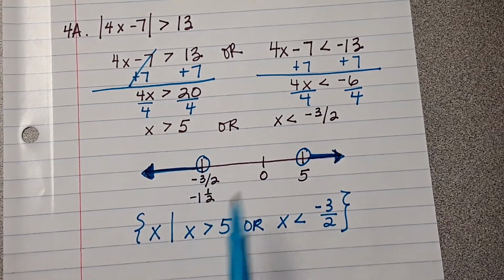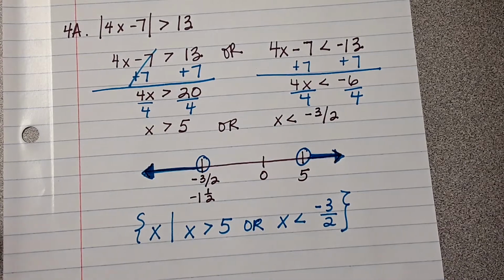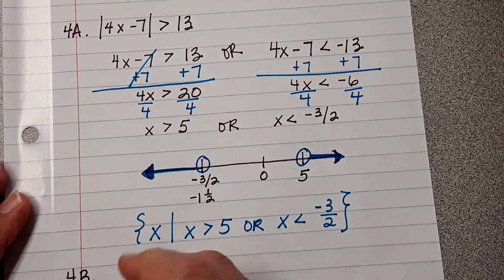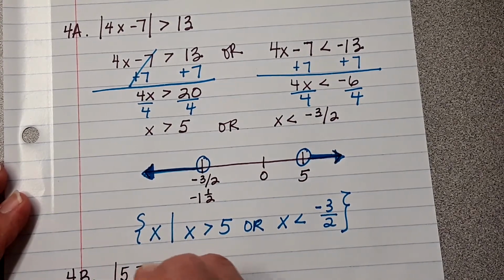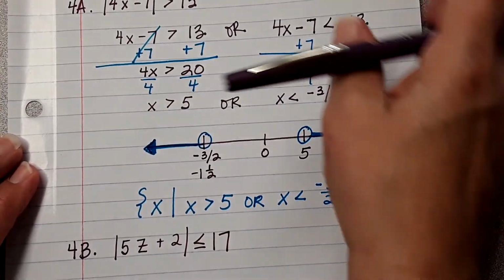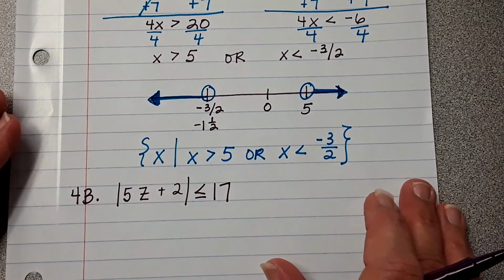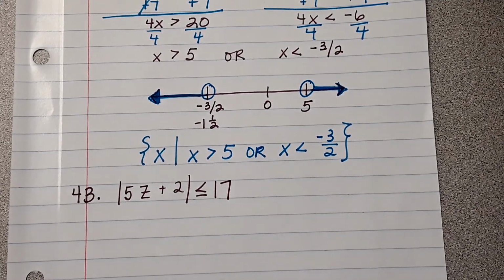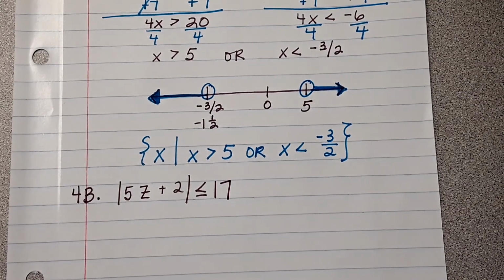The graph in this. Okay. So things that you have to think about. It's absolute value. It's an absolute value inequality. That means it's compound.